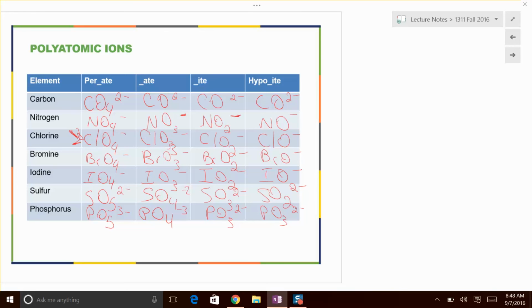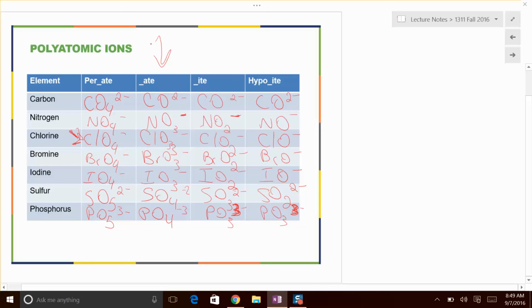Perchlorate, chlorate, chlorite, hypochlorite. Is phosphorus supposed to be PO2 minus? Oh, sorry, that should be 3 minus. I should have kept the charge across there. I was getting too excited about -2s. Perphosphate, phosphate, phosphite, hypophosphite. So you have to keep your charge. You just reduce the number of oxygens. This is your starting point.